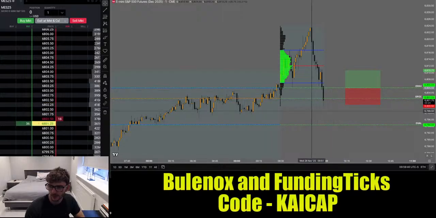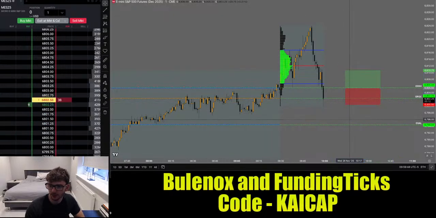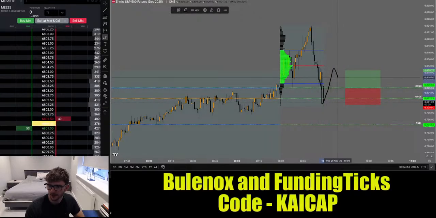See, I didn't take that because it wasn't 10 AM. And now I'm kind of just waiting for it to break back above, hopefully with some value across that level.